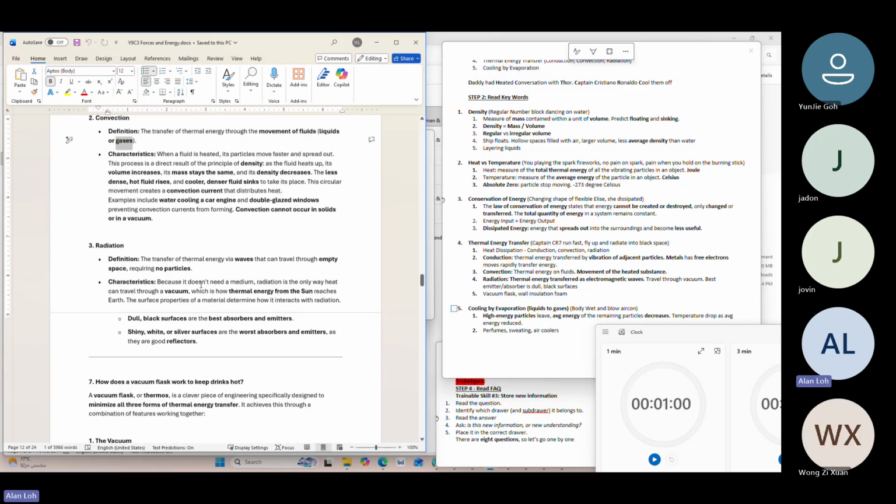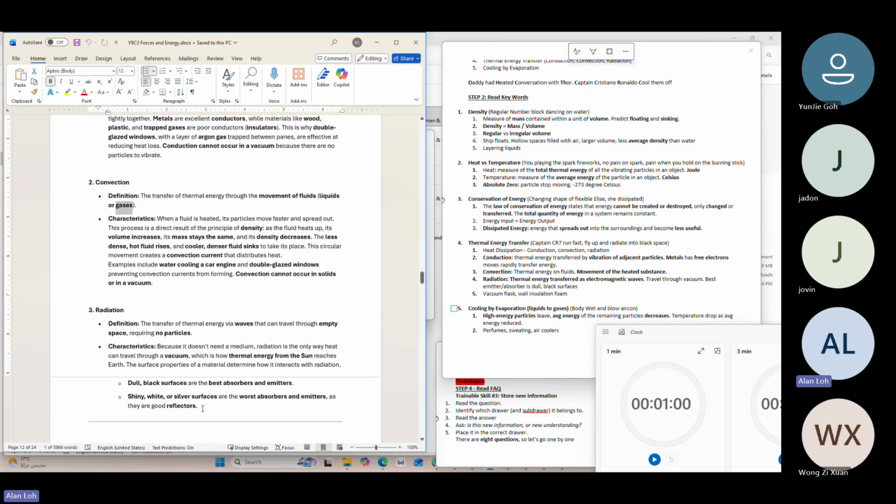Now let's go to this part. Okay, I'll just show you the convection also, just in case you did not have time to finish.